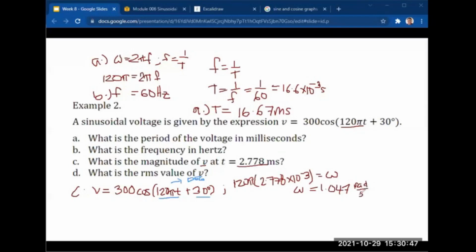Again, this should be converted to degrees.